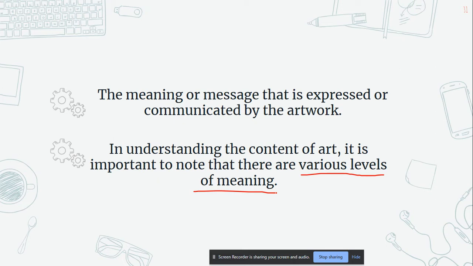If the other sees the artwork differently from yours, then we might respect each other's opinion, because you know that every artwork could have various levels of meaning. Otherwise, if the artist himself tells or explains the meaning, the artist's interpretation of his work could be the final say.